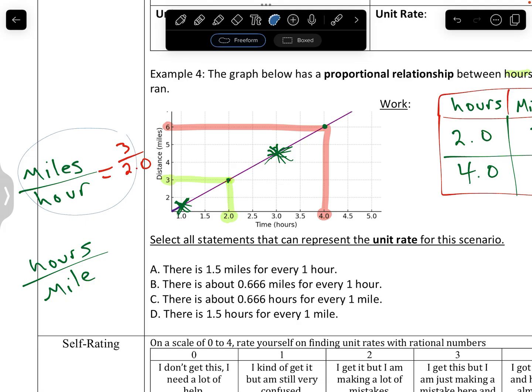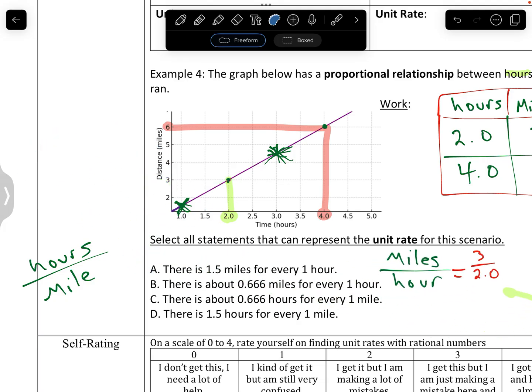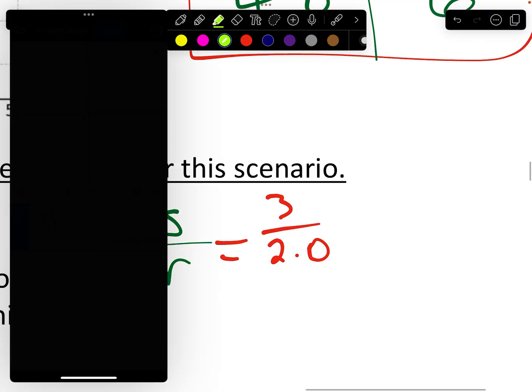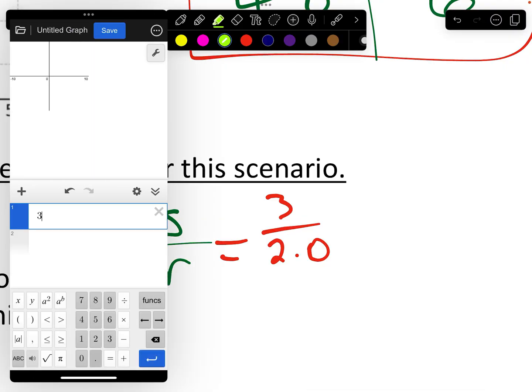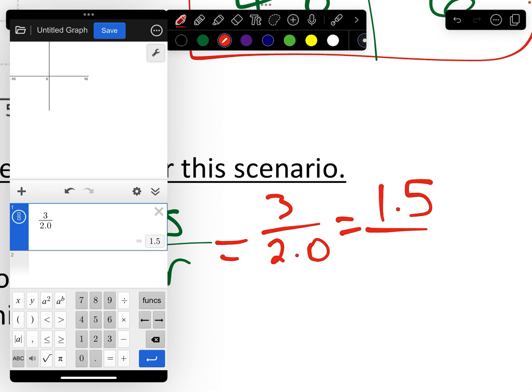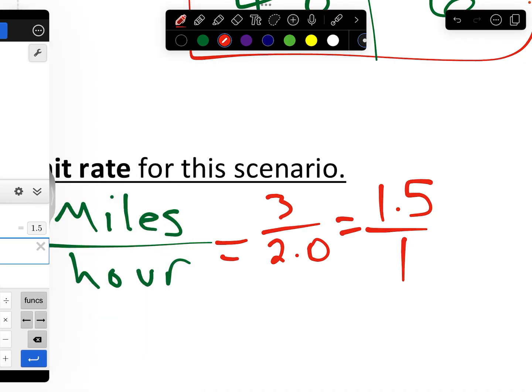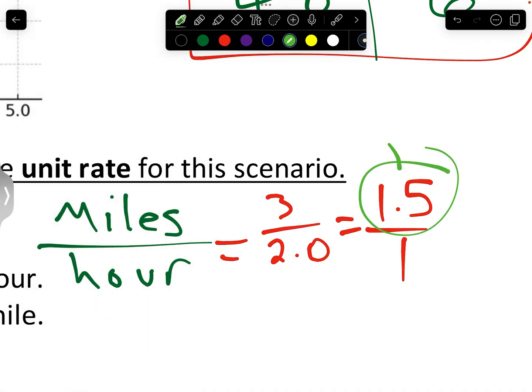I'm actually going to maneuver this down over here. My bad. So if we divide that, 3 divided by 2.0, so 1.5 over 1. And this tells me 1.5 miles for every 1 hour.